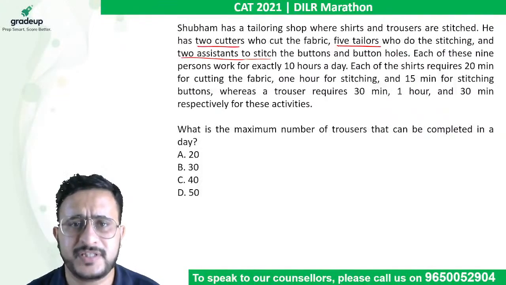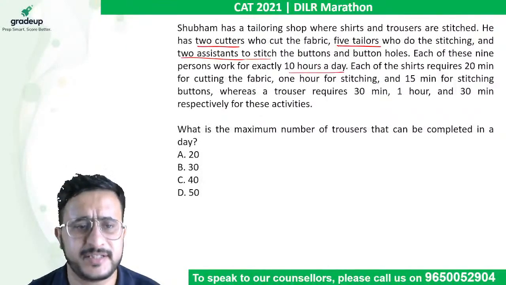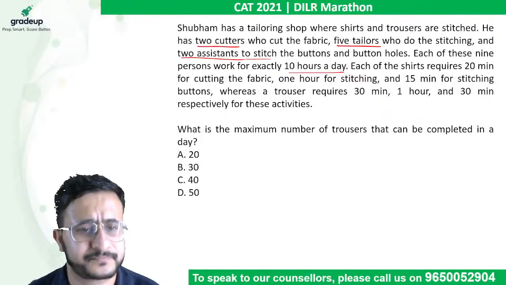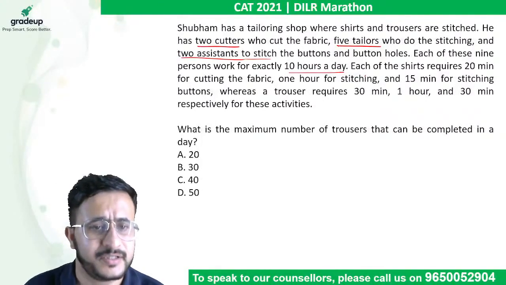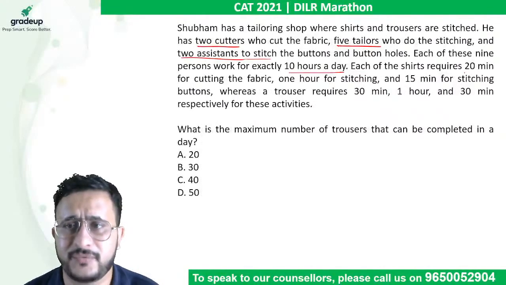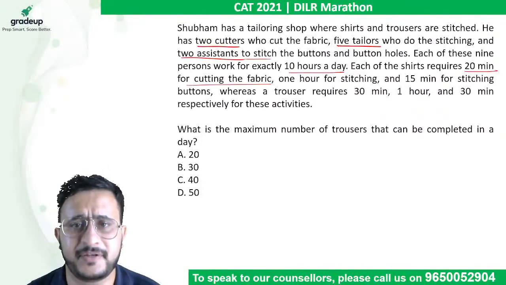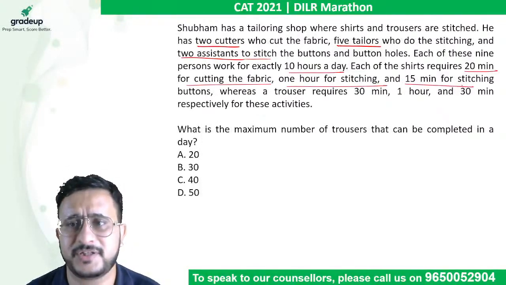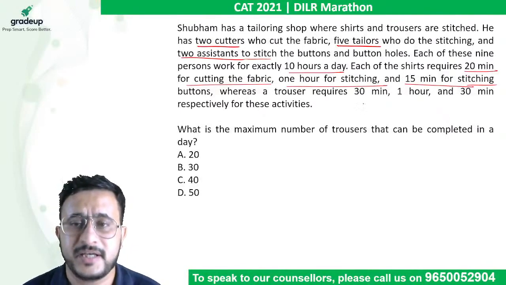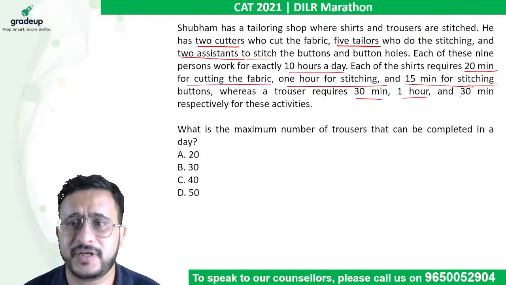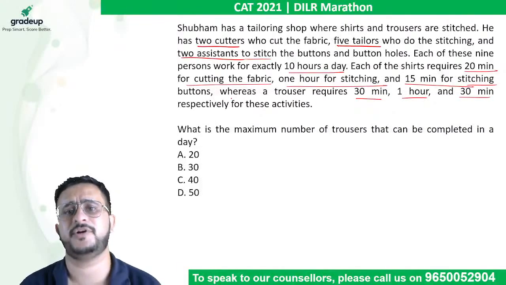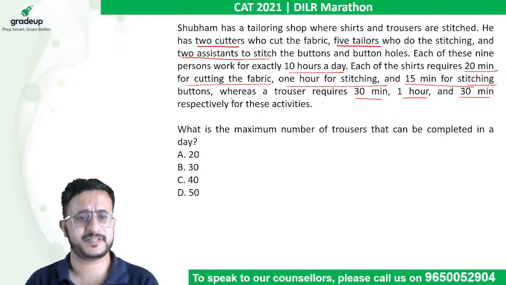Each of these 9 persons works for 10 hours a day. Each shirt requires 20 minutes of cutting the fabric, 1 hour of stitching and 15 minutes of stitching buttons, and a trouser requires 30 minutes, 1 hour and 30 minutes respectively for these three activities.